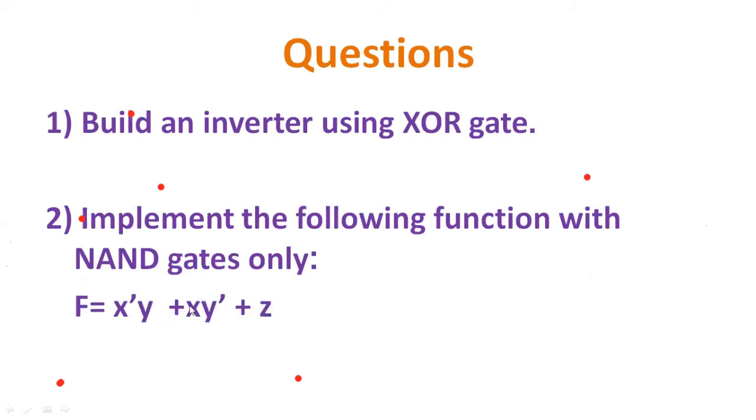So only the first two terms represent the XOR gate. You can refer to these slides and implement this expression. Now we will see the actual practical of all these implementations.